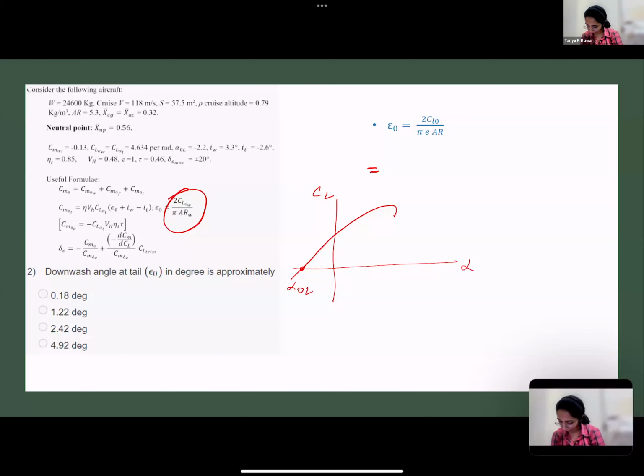This is alpha at zero lift, which is equal to minus 2.2 degrees. I think they're missing a degree there, but let's presume it's degrees and proceed with that.